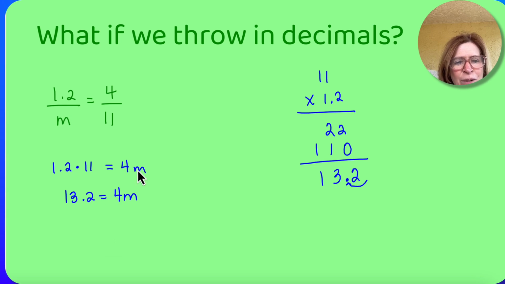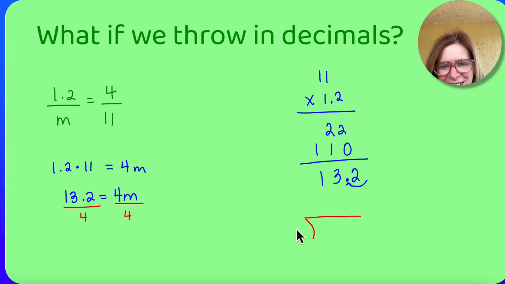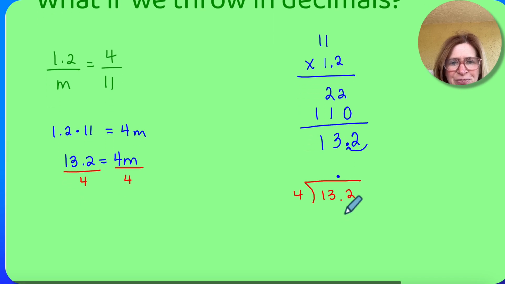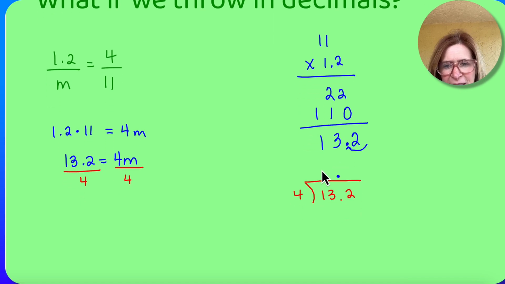All right, now I divide both sides by 4. Oh gosh, Coach Fred, now I got to do division with decimals. Great practice here. So 4 into 13.2. Now, the way I do this is I just always move my decimal point up right away. All right, 4 goes into 13 how many times? 3 times.